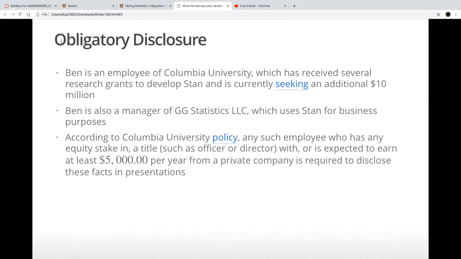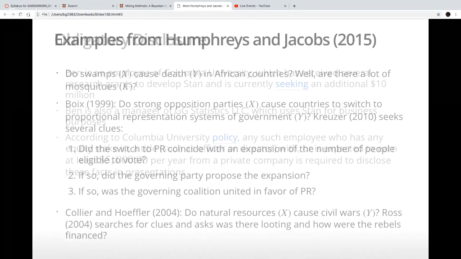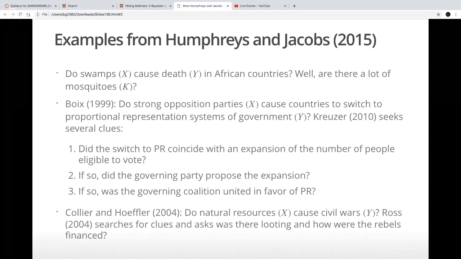Okay, so some examples from this paper that we were talking about on Tuesday, combining what colloquially could be referred to as quantitative and qualitative information.